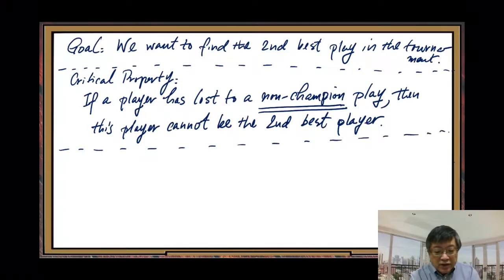Why? Because this player lost to a non-champion player. Then the player this player lost to is more qualified for the second best player, right? So this one is not qualified because there is some non-champion player who can beat this player. So that winner has better qualification.